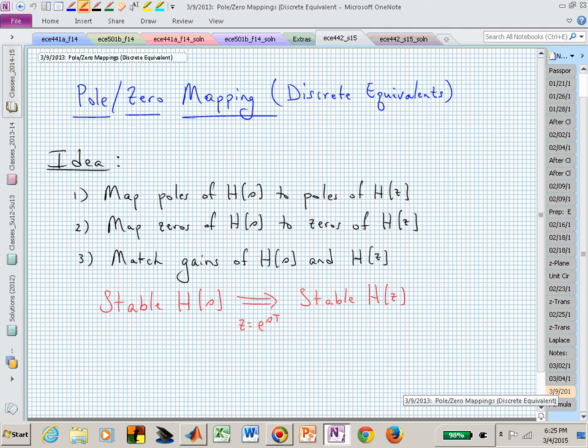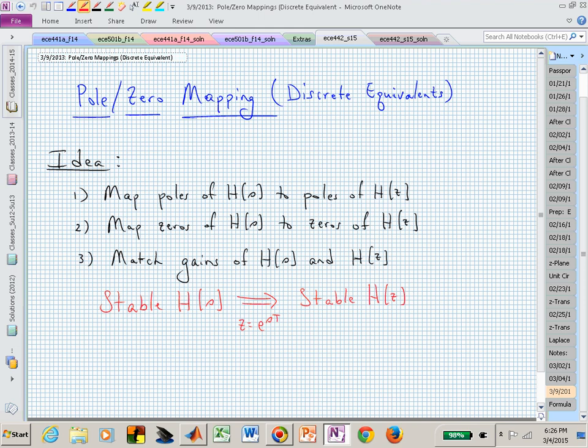Let's now move into pole zero mapping, because this is problem 4 on homework 4. The idea is really sort of a 3-step process. The first step is to map poles of h of s to poles of h of z. And the first 2 steps you could interchange.